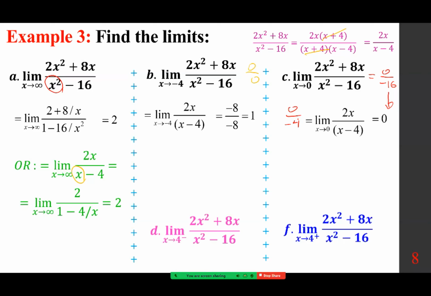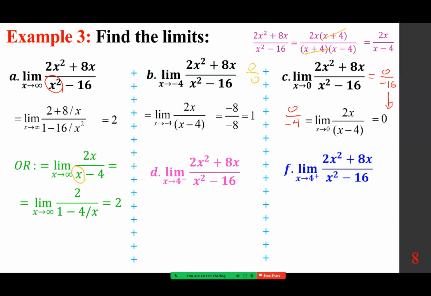Now, I like to see this question side by side because please understand that when you plug in, the denominator becomes 0. You have to use the factor format. It makes life easier.